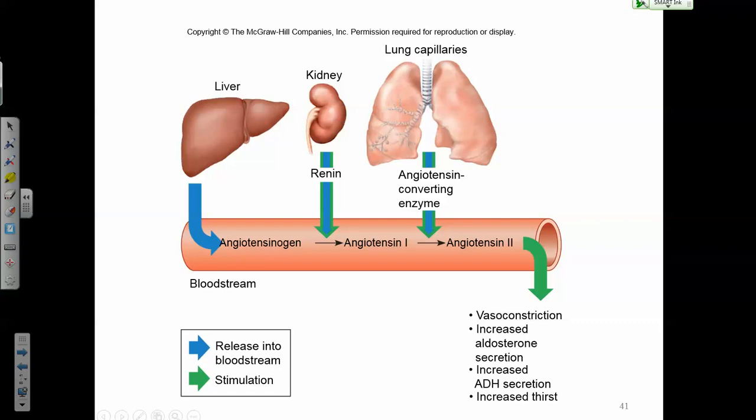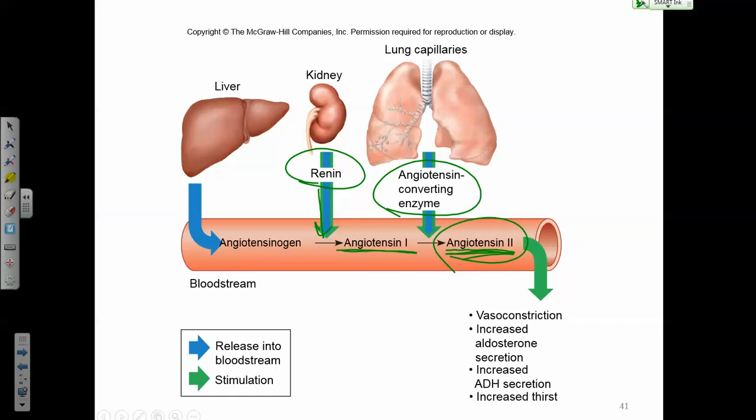When renin is released by the juxtaglomerular cells into your bloodstream, it activates a protein called angiotensinogen, and changes it into angiotensin 1. Then another enzyme coming from your lungs, called angiotensin converting enzyme, converts angiotensin 1 into angiotensin 2.